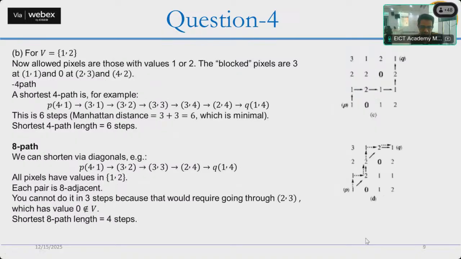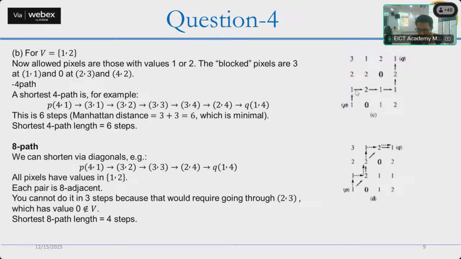Now, can you calculate for the second path? We will do it for V12. How will things change for V12? It means we will check the values 1 and 2. That path is only possible when either of these values is available. We are checking for the shortest 4-path. We can see this one is there, and after this one we can go from this one.